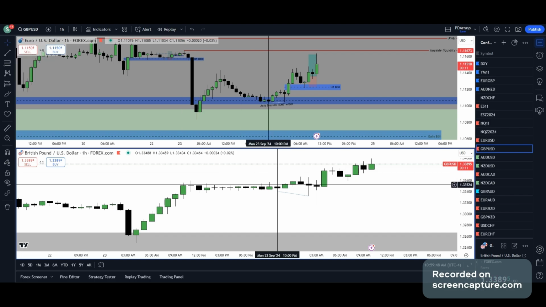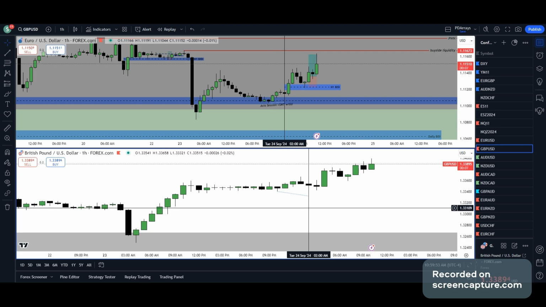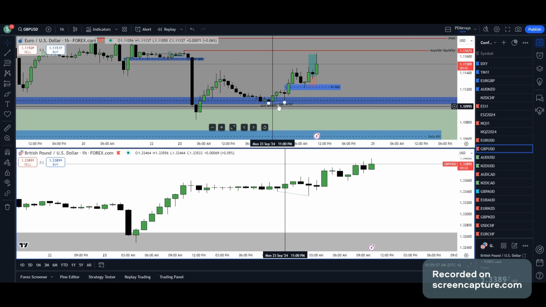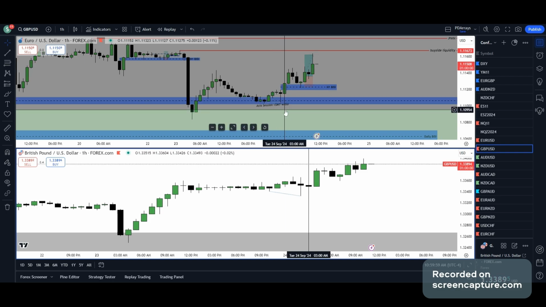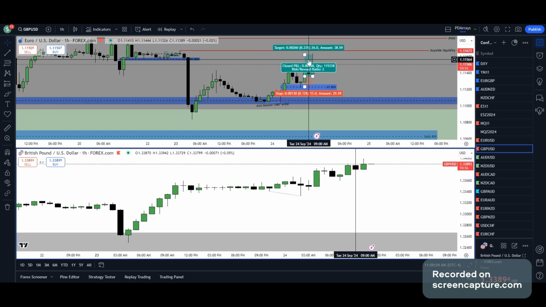We got this low here, and this low is lower on pound dollar. So we had a sweep on pound dollar, and we didn't get that same sweep on Euro dollar. That shows a little bit of strength in pound, at least for the London session.